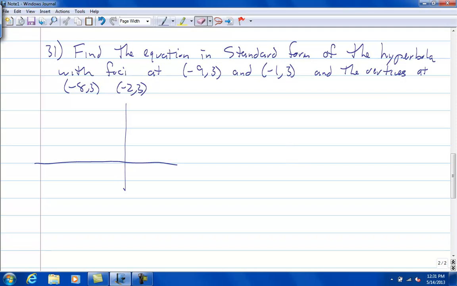Okay, so it's 1, 2, 3, 4, 5, 6, 7, 8, 9. So negative 8, 3 is a vertex, and negative 2, 3 is a vertex. And then negative 9, 3 is a focus, and negative 1, 3 is a focus. So those are our foci.